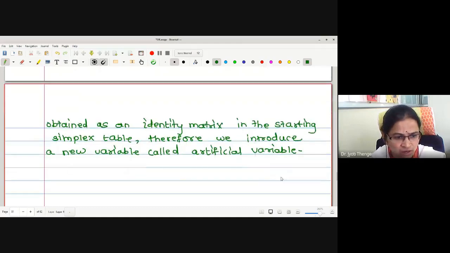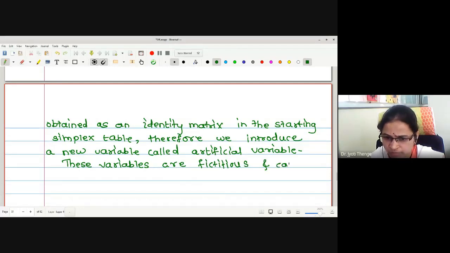These variables are fictitious and cannot have a physical meaning.